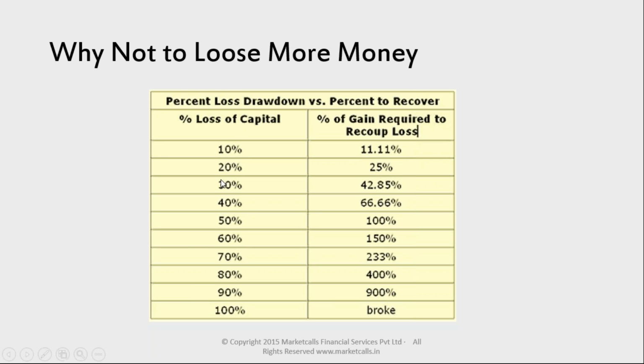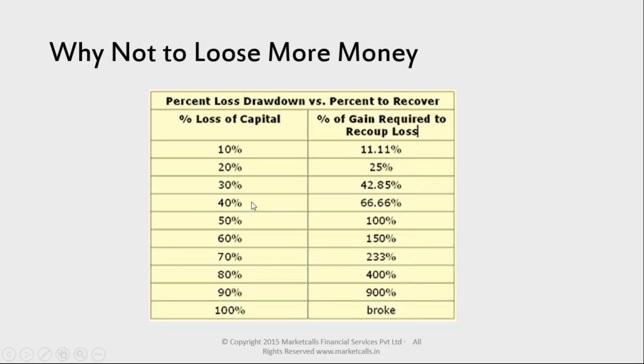So let's say you're going to have a trading system loss of 30%, the system has to make 42% returns back. And if you're going to lose your capital more than this, then you have to seriously think about trading such a system.